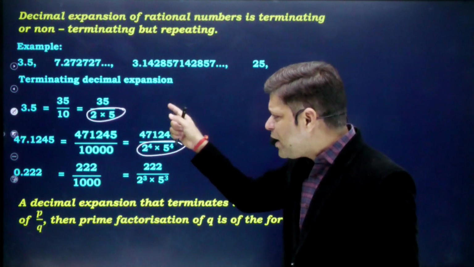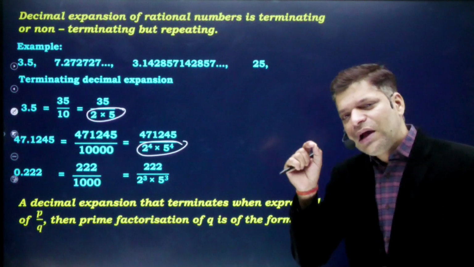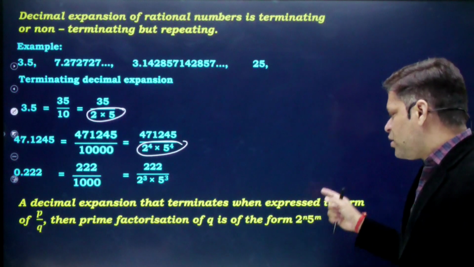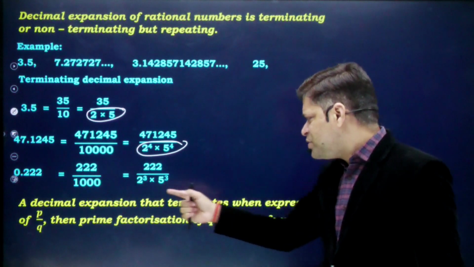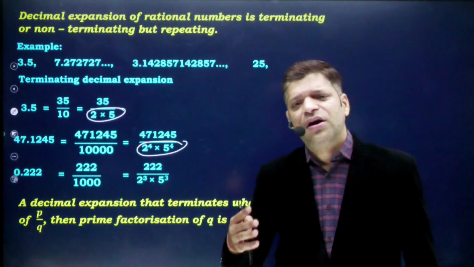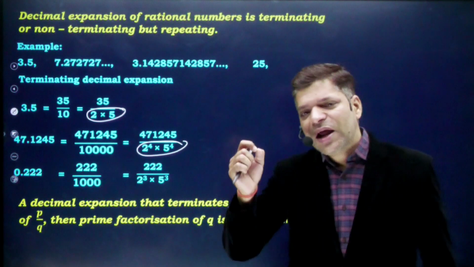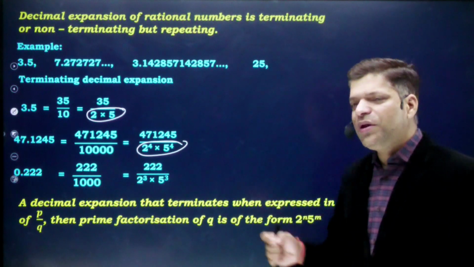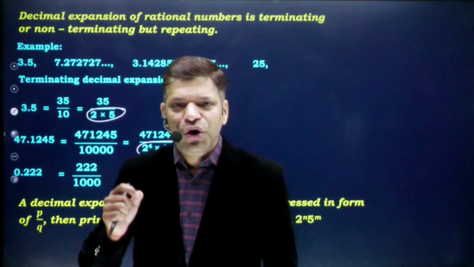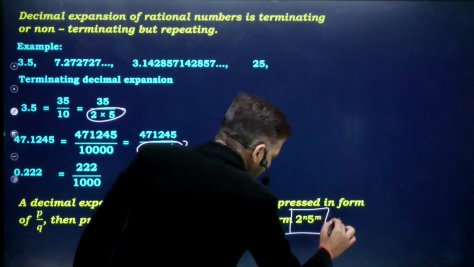Now we conclude from all the examples that if a decimal expansion is terminating and is expressed in the form of p by q, then the prime factorization of q will be in the form of 2 raised to the power n, 5 raised to the power m.